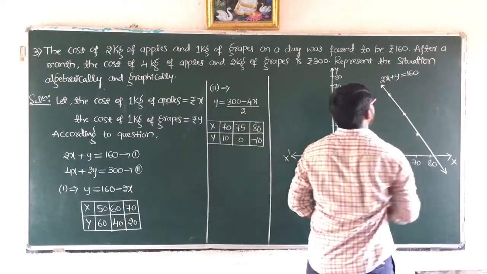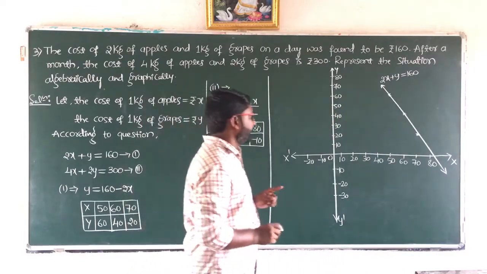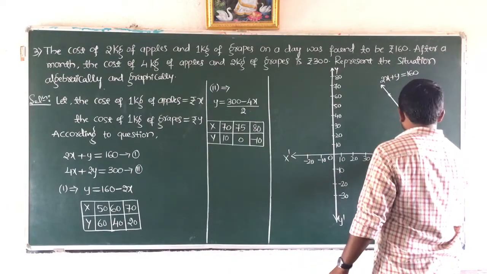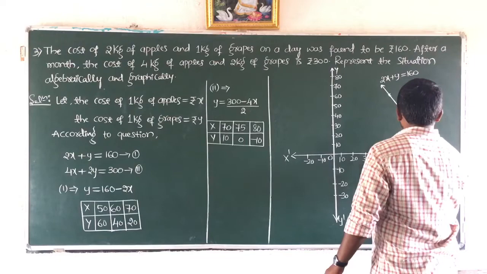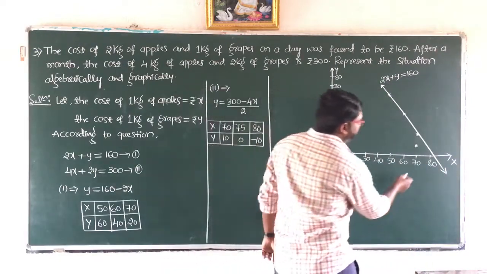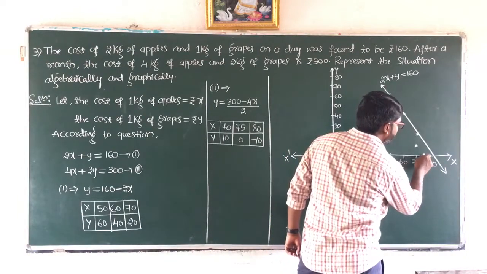So let's go for the second table now. X is 70, y 10. So somewhere here. Then x is 75, y 0. X is 75 means in between 70 and 80 we get 75. So somewhere here.